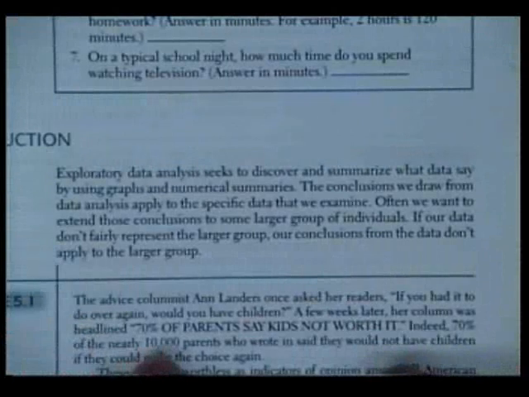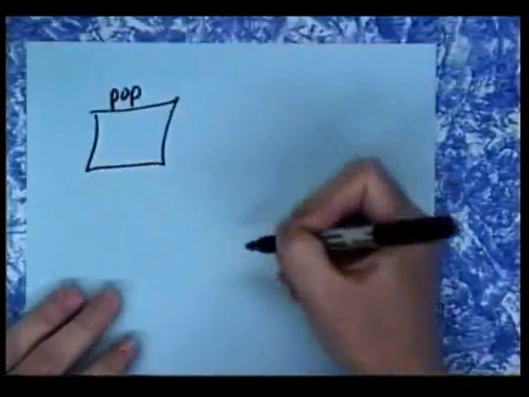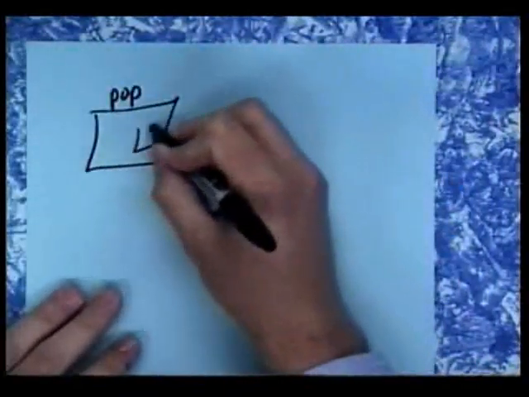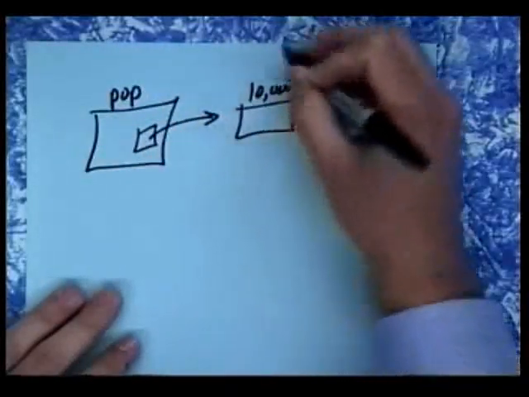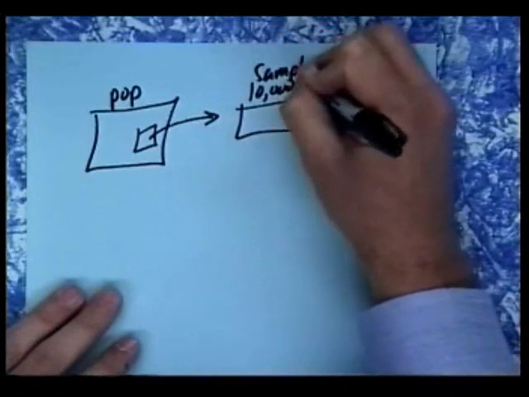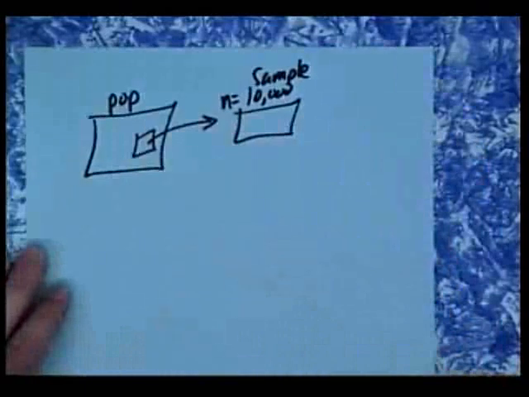So these 10,000 people, well, that's a big number. So maybe these 10,000 people would accurately represent the entire population. Well, here's the entire population, and if you take a sample there, those 10,000 people, do they accurately represent this?